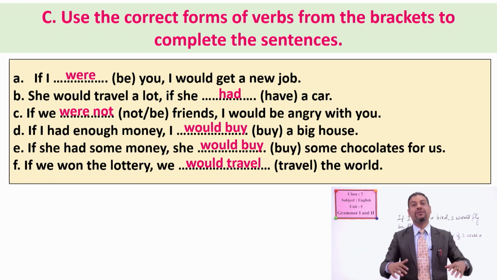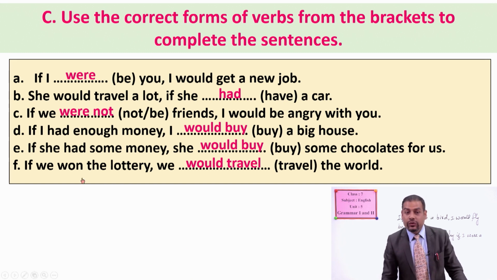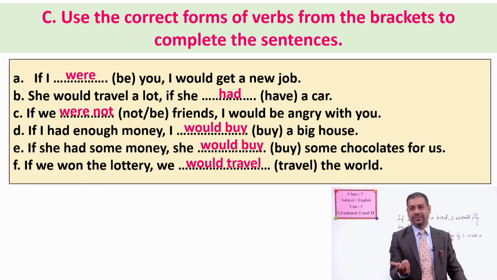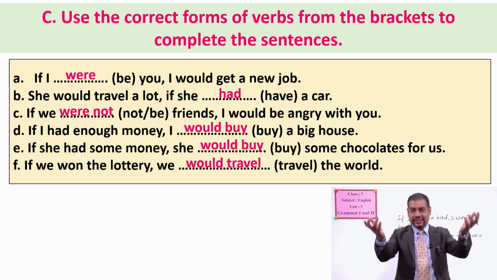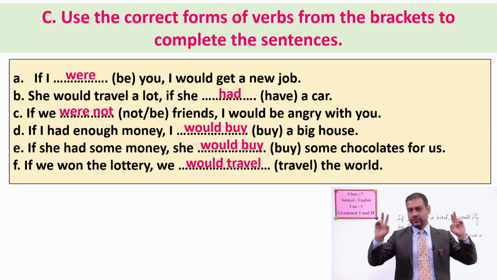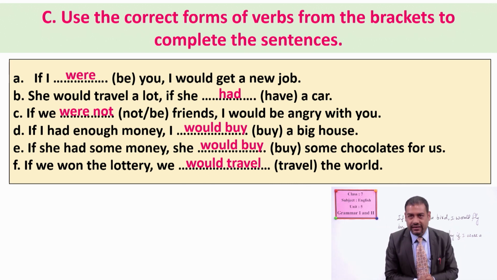It is again imagination, because there is a less chance to win the lottery, you know, and only if we win the lottery do we get this chance to travel the world. So that's why it is an imagination. So dear students, from this exercise it is clearer to you that we use conditional sentence type 2 to express impossible or imaginary actions. Is it clear all?